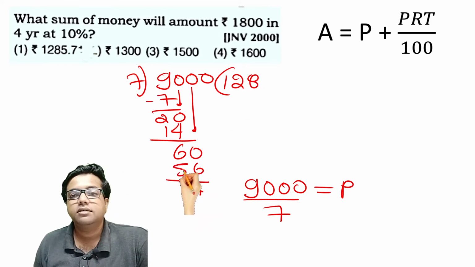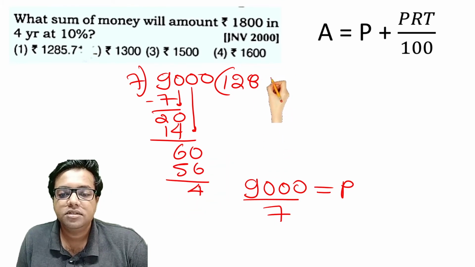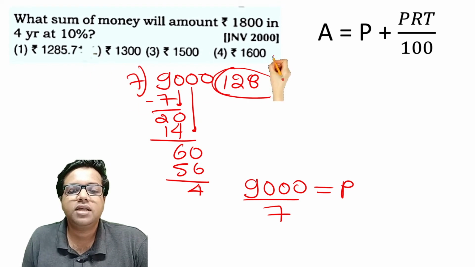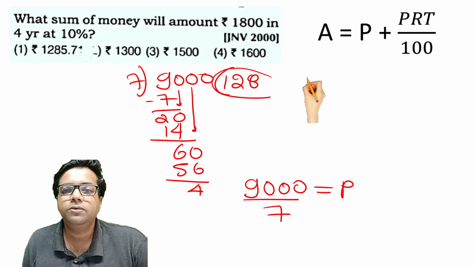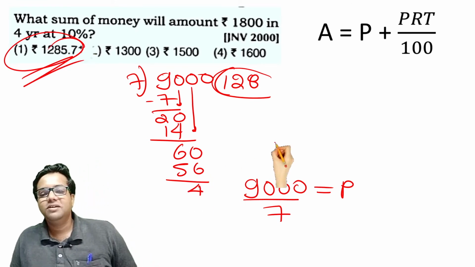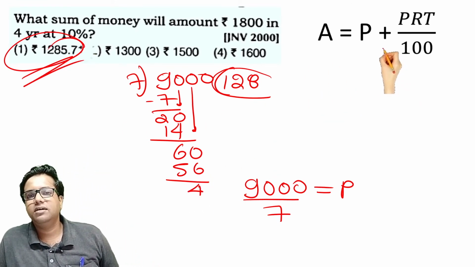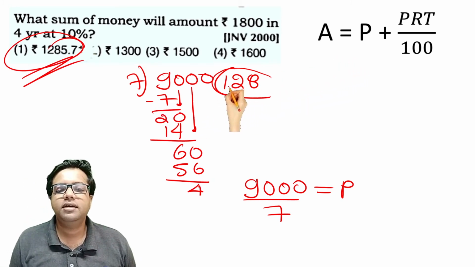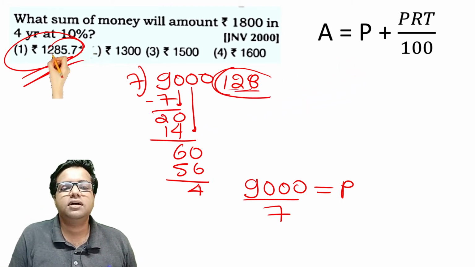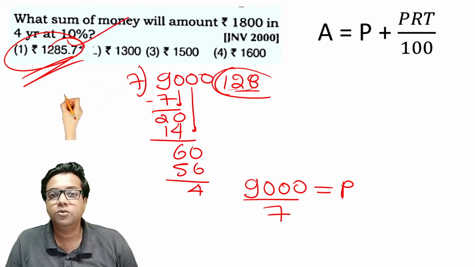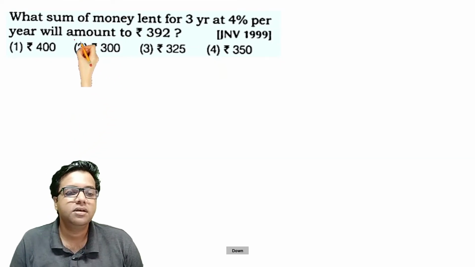Stop here immediately and just look at the question. It is starting with 1 2 and something. So in the answer also you need to have 1 2 8 and something. Option 1 is the right answer. You don't have to divide it completely. Let's not waste time; we can save time this way. Immediately when you find this kind of answer in the options, you can write it as the right answer and move ahead.